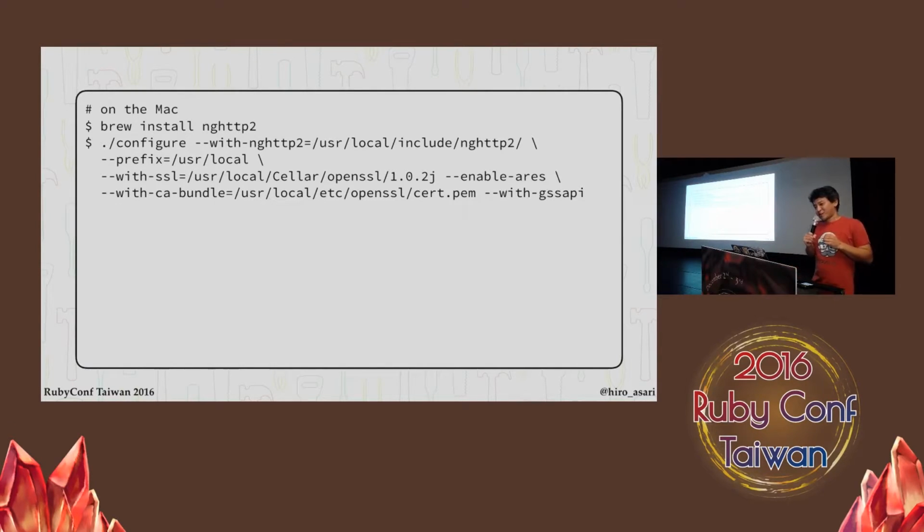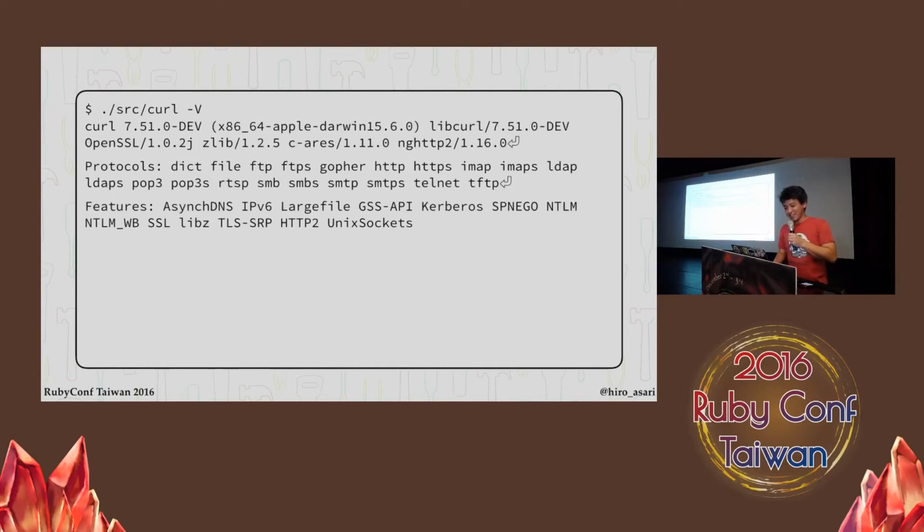Here, OS 10's configure flag is a little longer because I want to make sure that the features available on the Mac's default curl are also available on my personal copy of curl. You don't have to write this down because I'm going to share the link at the end. All right, so after that, I'm going to ask curl if HTTP2 support is available, and it is.